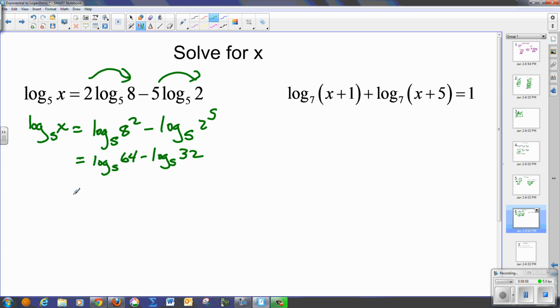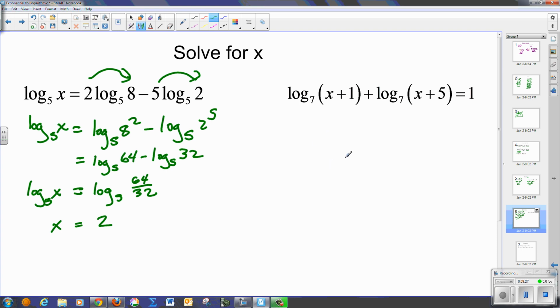Now you'll notice I have a difference of two logs. A difference of two logs can be combined into a division. So the log base 5 of 64 over 32 gives me the log base 5 of x. You'll notice once again, one logarithm on each side, therefore their quantities must be equal. And 64 over 32 is 2.